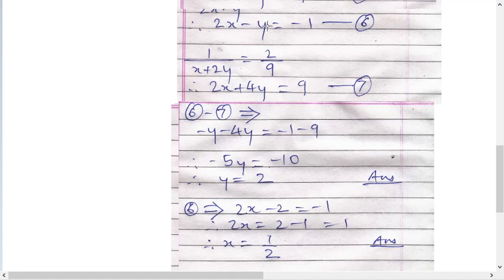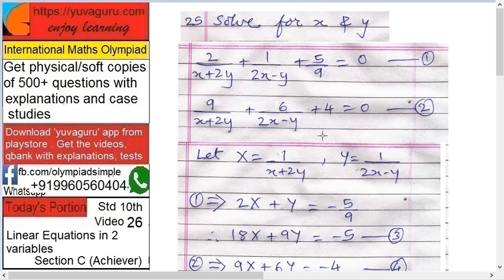What is 6? 2x minus y equals minus 1. Therefore 2x equals 1. x equals 1 by 2. So x equals 1 upon 2 and y equals 2. That is the solution for this full big equation.